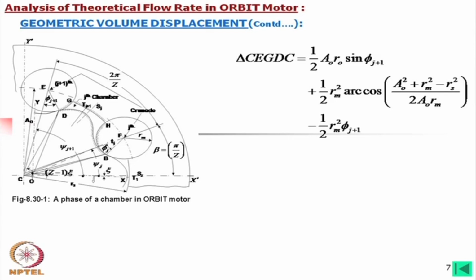So, this is slide number 7. This is Rm, that means we are getting this perpendicular, A0 is this one.